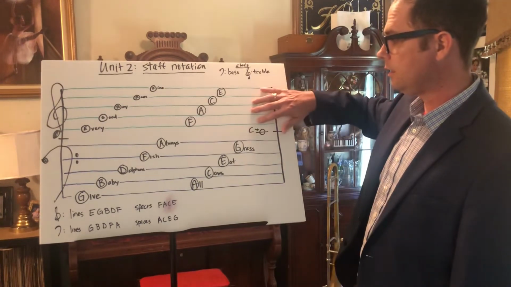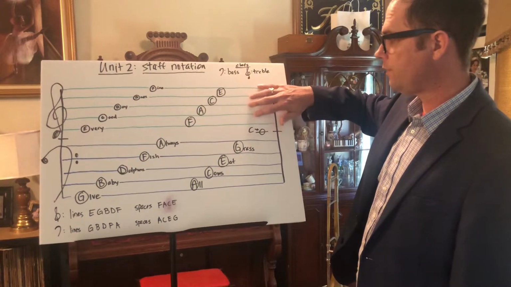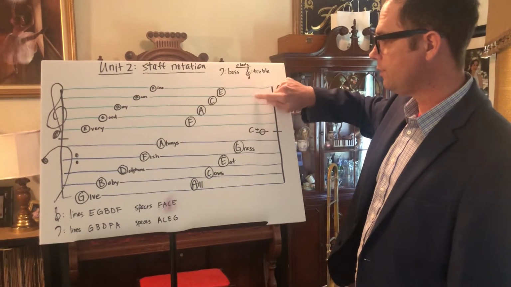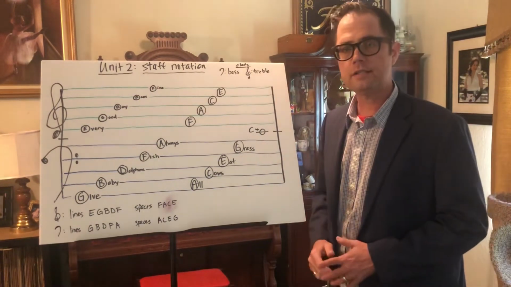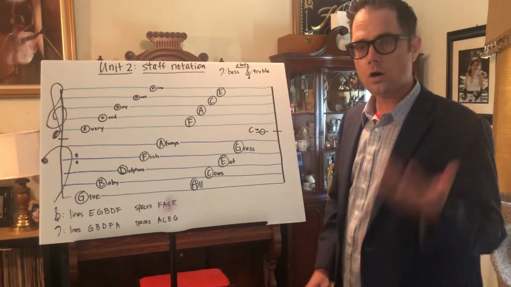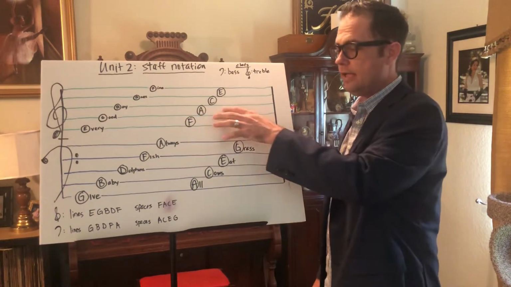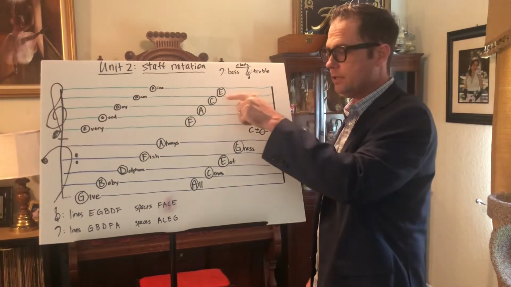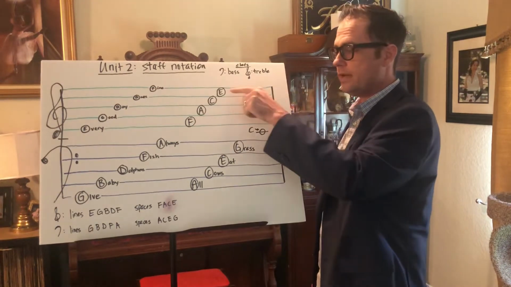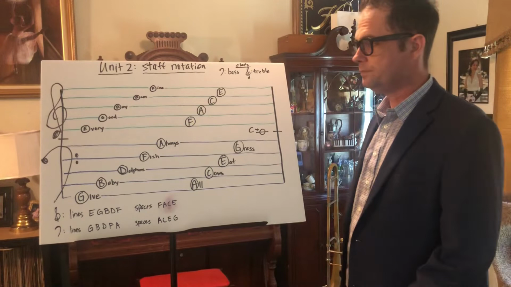As we learned in the first unit, there are 5 lines: 1, 2, 3, 4, 5. All of the sayings I give you today go from the bottom up. So F is the bottom space, A is the second space up, C is the third space, and E is the top space, the 4th one.